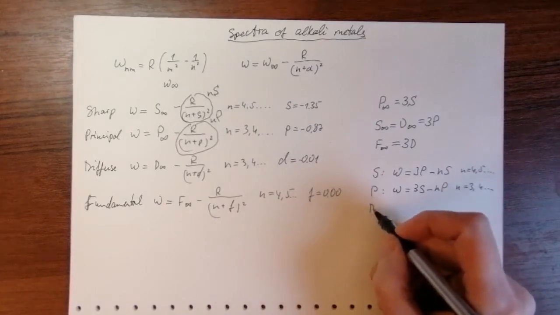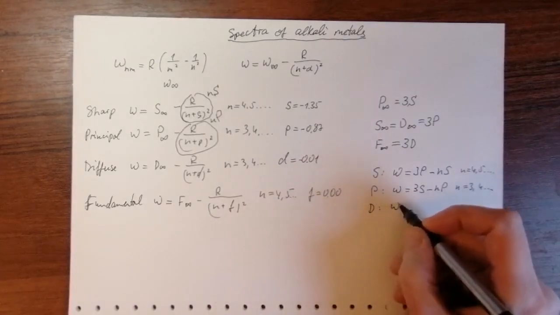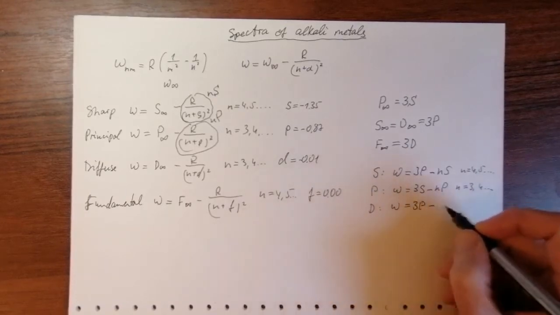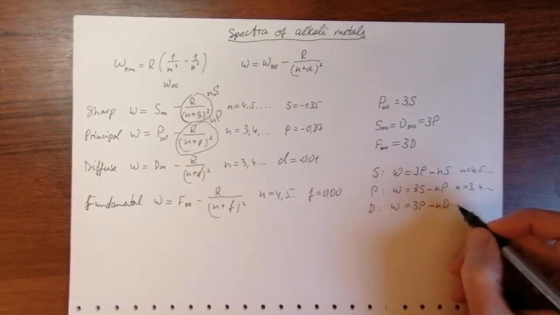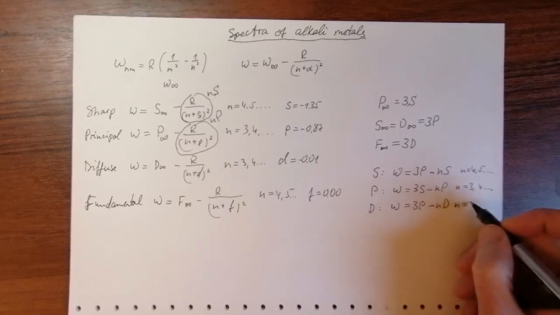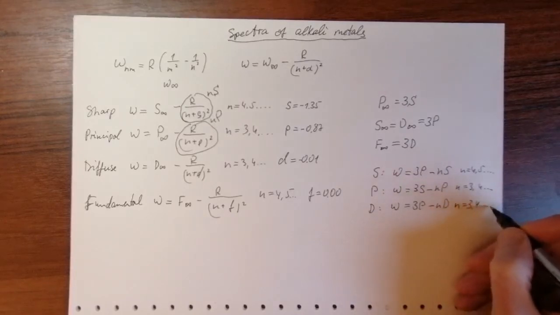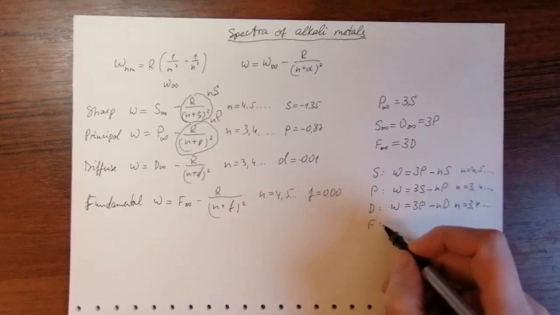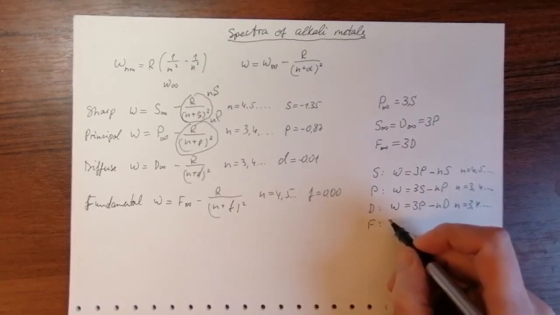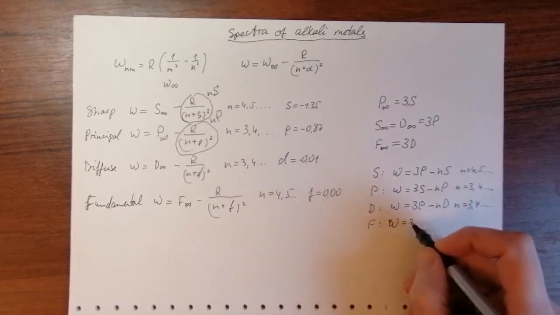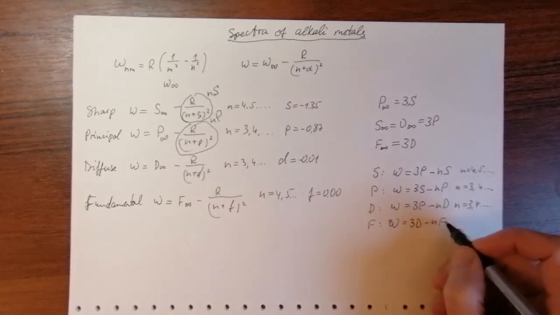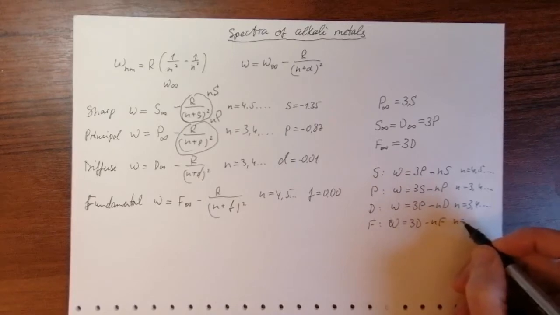For g we have omega equal to 3p minus nd, where n starts also from 4. And for f we have omega equal to 3d minus nf, where n starts from 4.